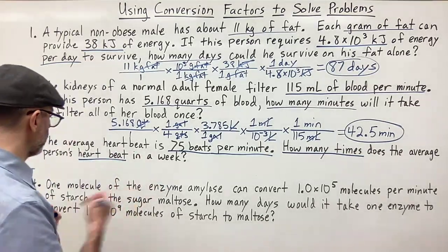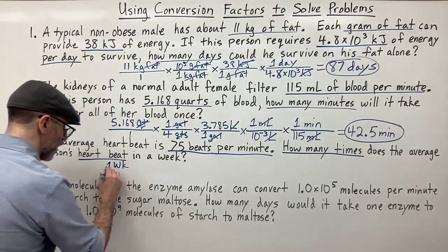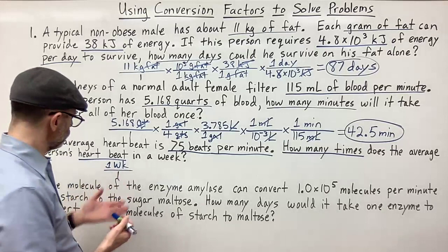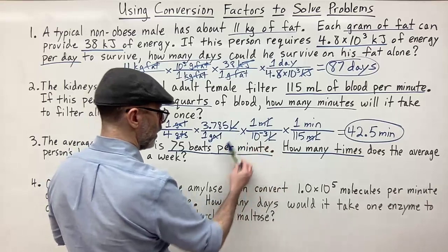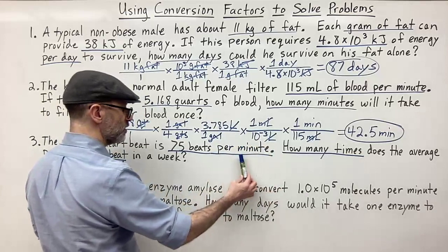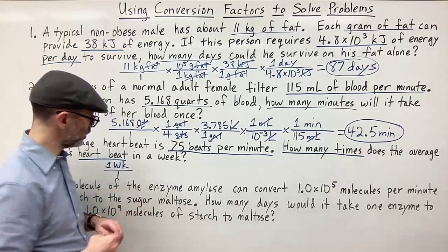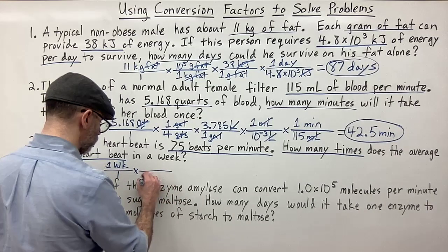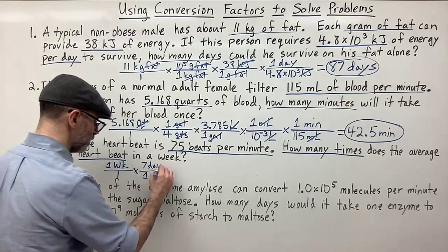So the week is where we're going to begin. We're going to start with 1 week over 1, and we want to convert that to the number of heartbeats. So we've got to get to minutes, right? If we could convert time from weeks to minutes, we could then use minutes and the 75 beats per minute as a conversion factor to convert to heartbeats. I know that 1 week is 7 days, so I'm going to put 1 week on the bottom, 7 days on top.